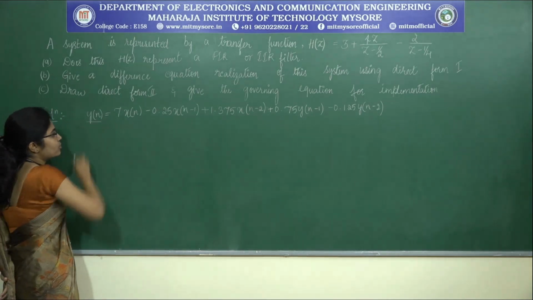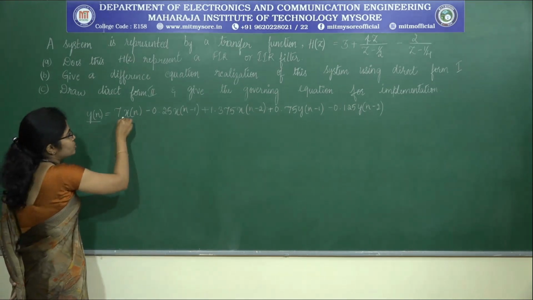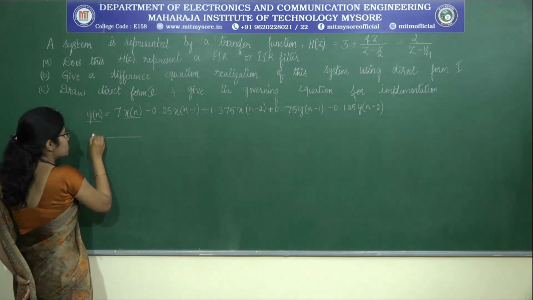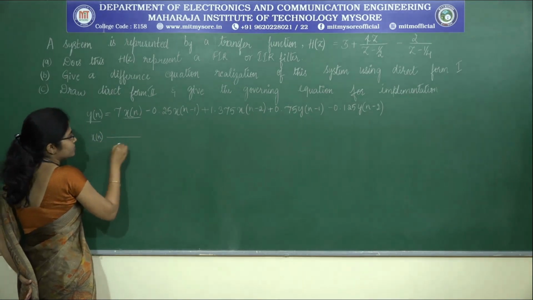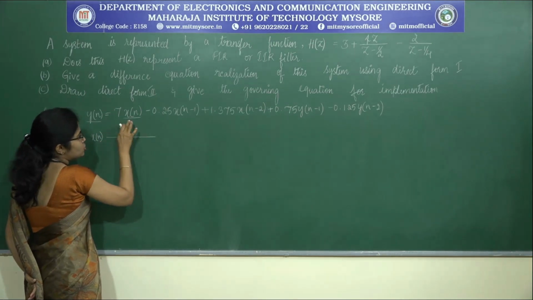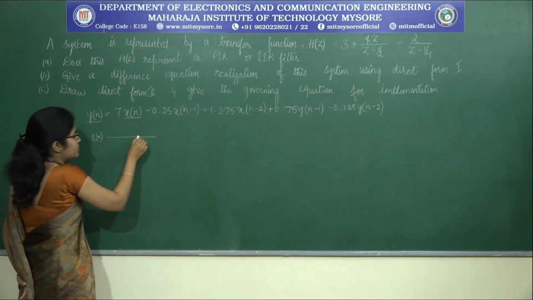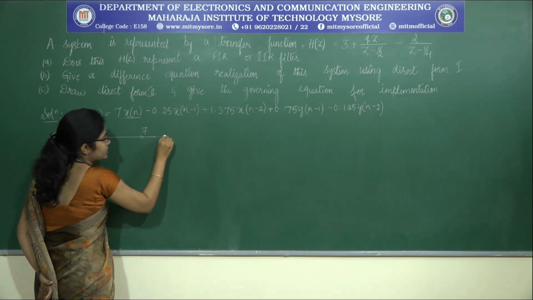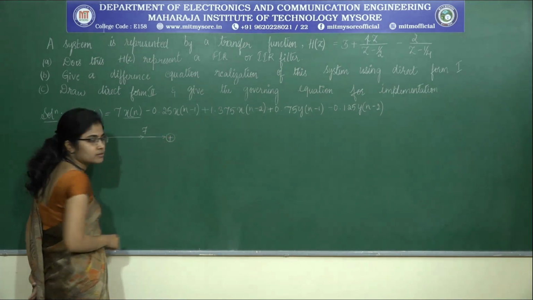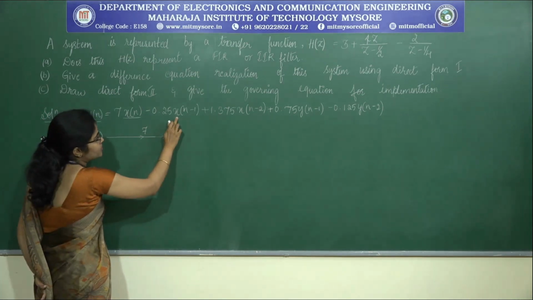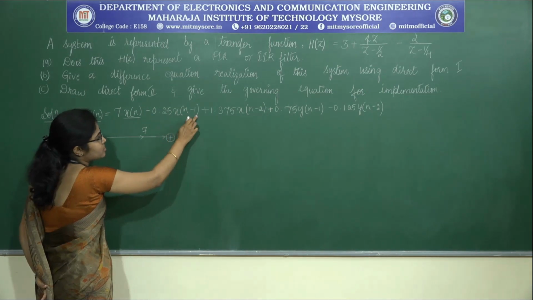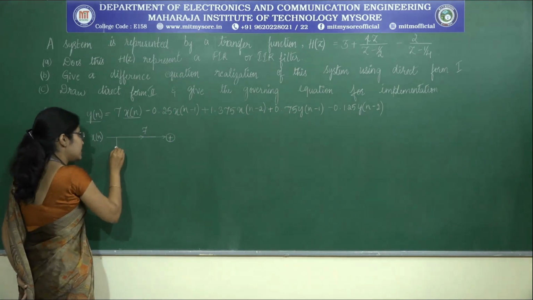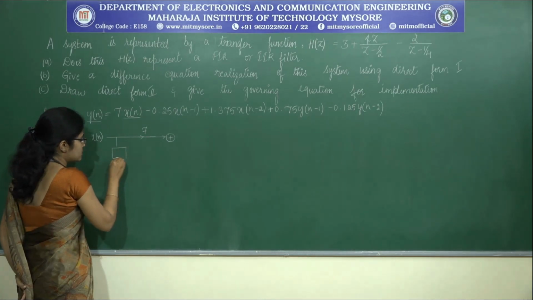Here, y of n is our output, x of n is the input. So, let me start with x of n. x of n should be multiplied with 7, and it should be given to an adder. Then, the second term is x of n minus 1, that is nothing but the delayed version of x of n. So, delay x of n once.